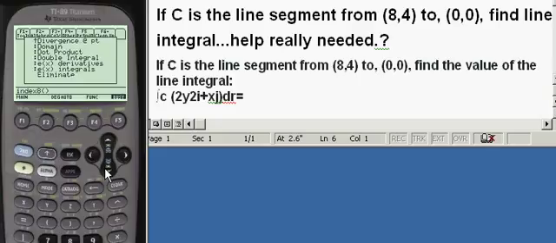This was submitted in Yahoo from a problem from this kid here, so I thought I'd do it for him and you. Line integrals, here we go. Alright, press enter.